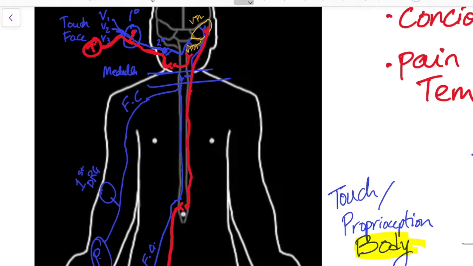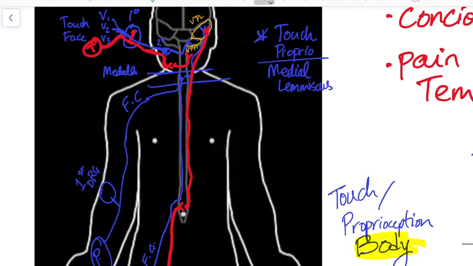Here, the only thing I wanted to reiterate once again is that what we have in the blue is the touch, pressure, proprioception system. In this one, it will travel through the medial meniscus. These are just some keywords I would like you to remember. Medial meniscus. It will synapse at the level of the medulla. So it'll always travel up.